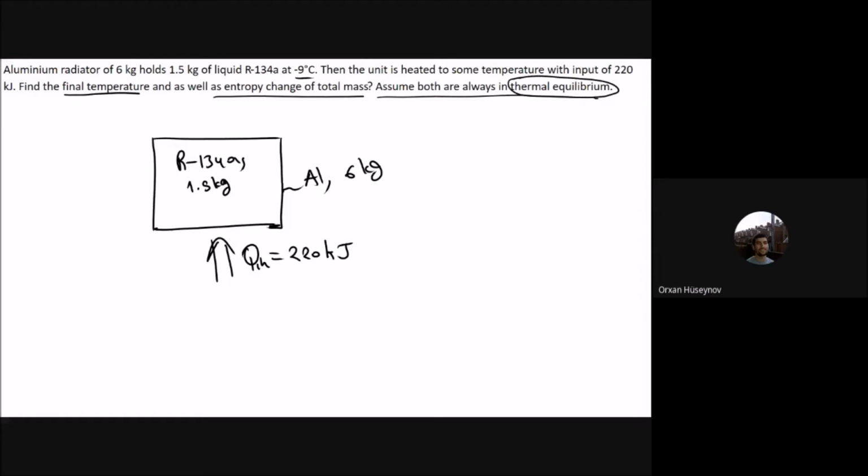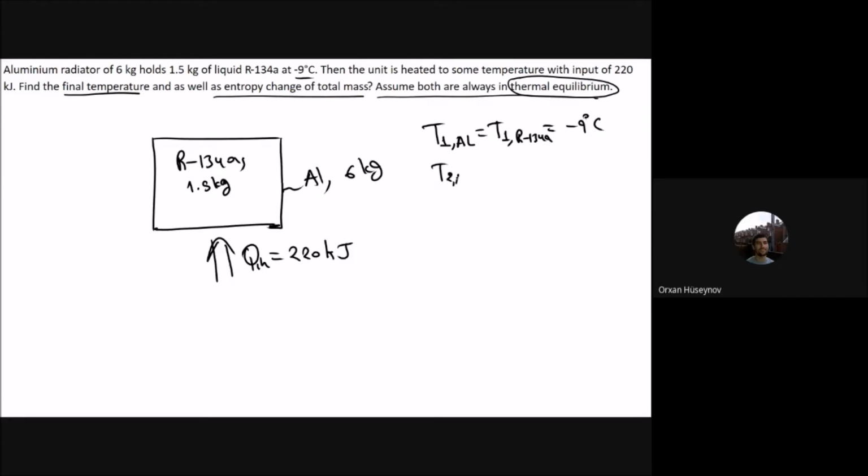So we have thermal equilibrium at the beginning of the process, at the end of the process, and at each stage of the process. It means that the initial temperature T1 of the aluminum is the same as the T1 of the refrigerant, which is -9 degrees Celsius.